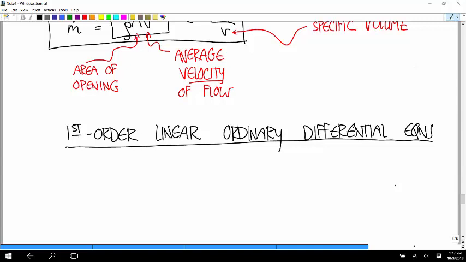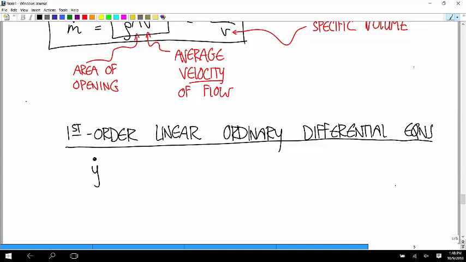So if you're solving for the function y of t, you never have a y squared, or you never have a y times a y prime, y dot. And so you can write this in this form.